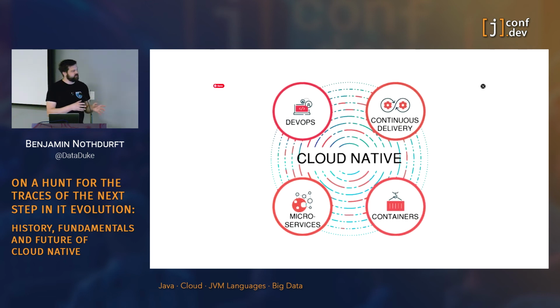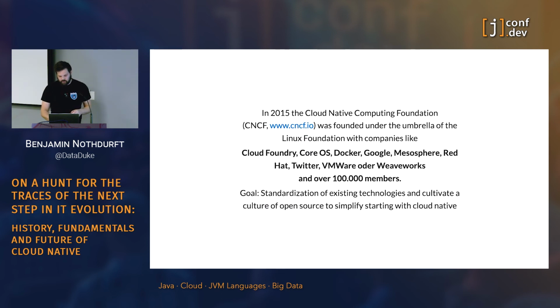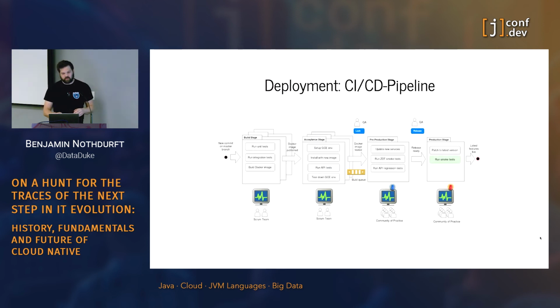But cloud native is just a bit more than just doing microservices. It's also about DevOps, continuous delivery, and containers. And I want to go briefly over how a pipeline looks.